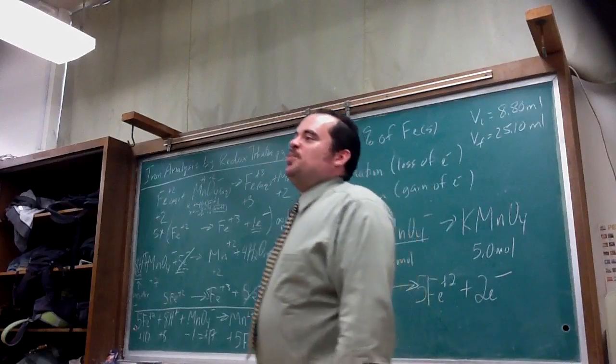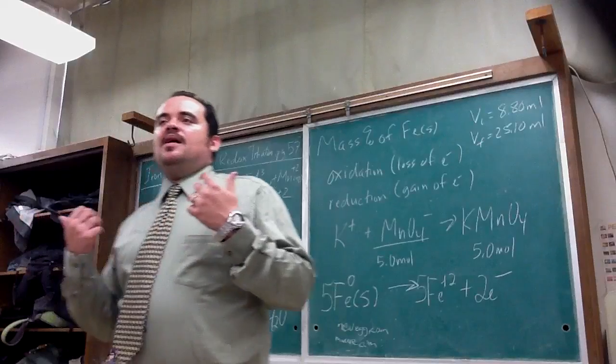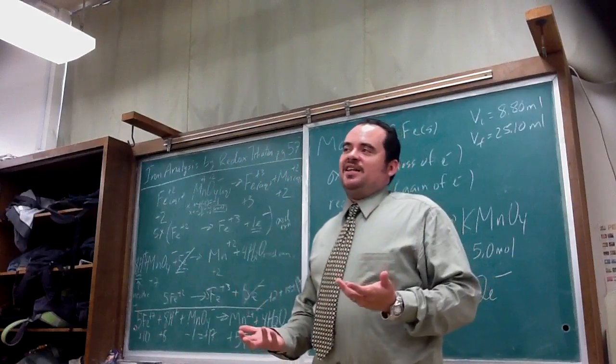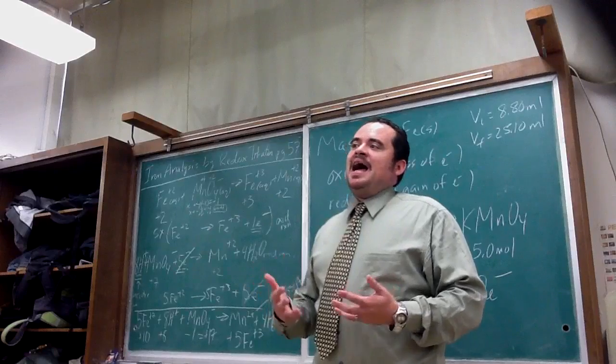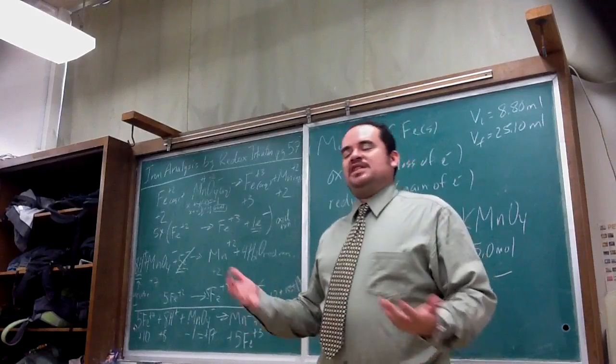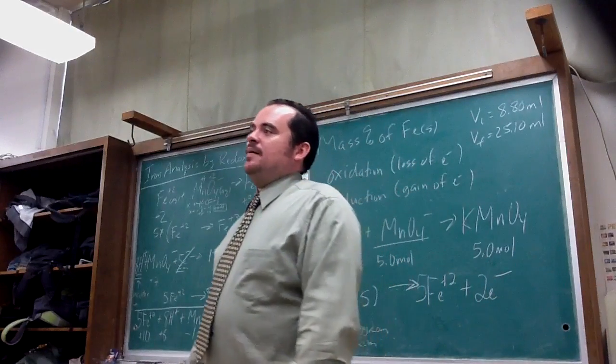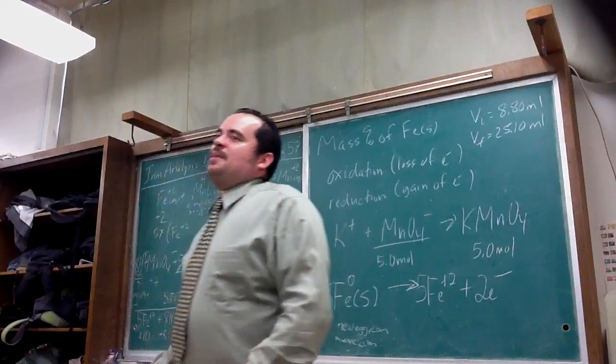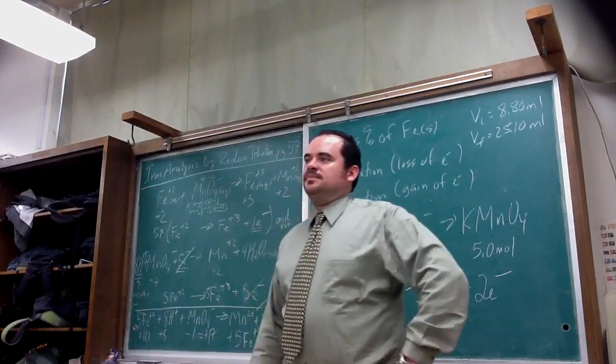So now you know the moles of the iron plus 2. And now how do you calculate the mass of the iron? Because that's what you guys need. Molar mass. But what would be the atomic mass for iron plus 2?